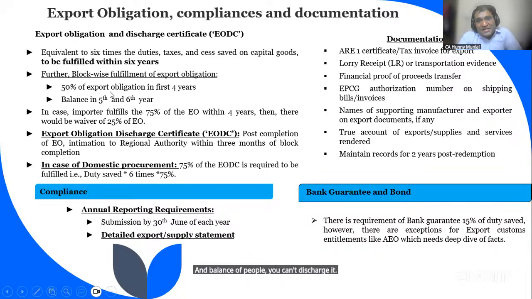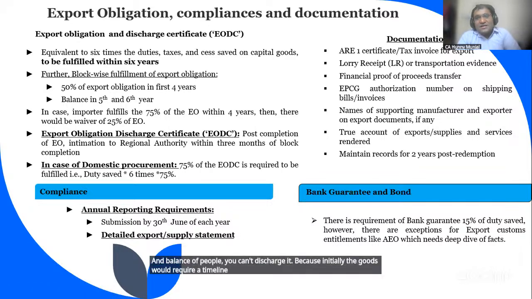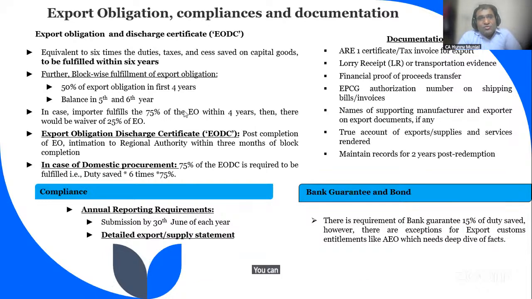Because initially the goods would require a little time so that you can sell them, the threshold is lesser, 50%. And in the balance period, once your business stabilizes, you can export and comply within the fifth and sixth year with respect to the balance.